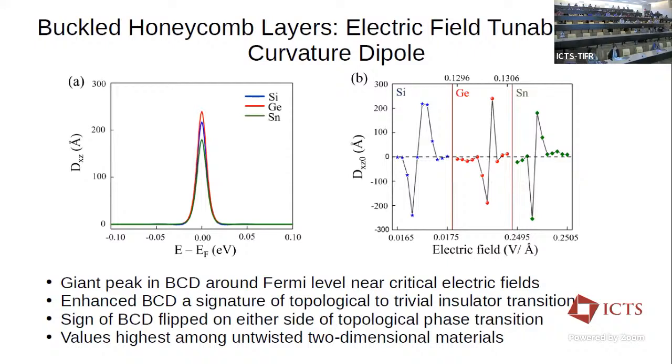Because as you see on the right side, it's trivial, but still you get a dipole. So it's the Berry curvature itself and its integral in some kind which is related to a topological invariant, not the dipole. It's not a signature. The sign change is a signature of the topological phase transition, but the finite values are not a signature of topology.